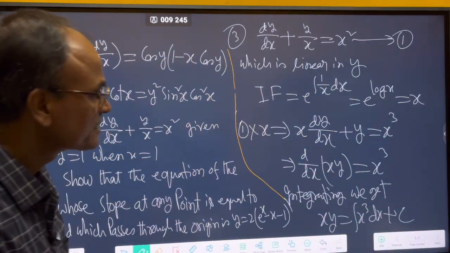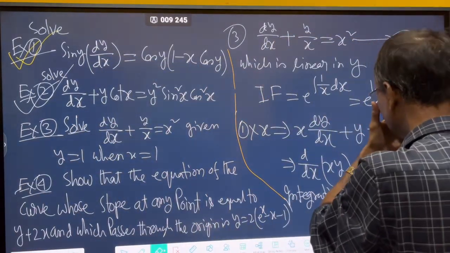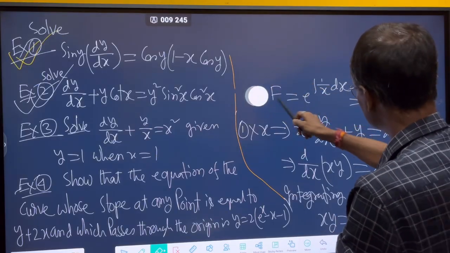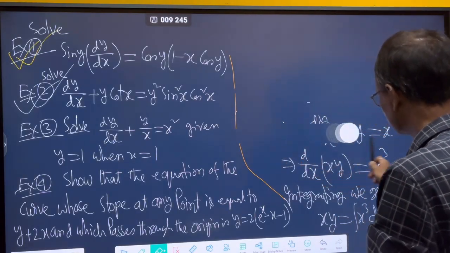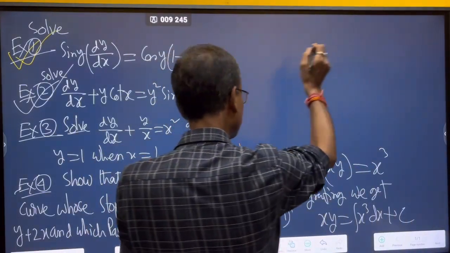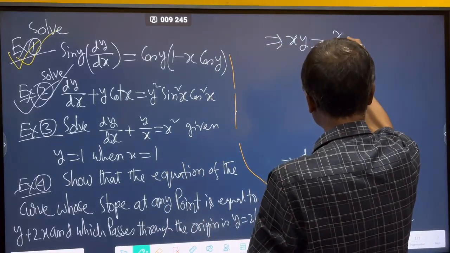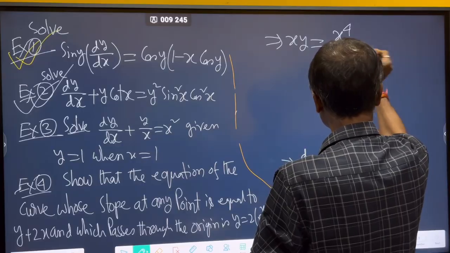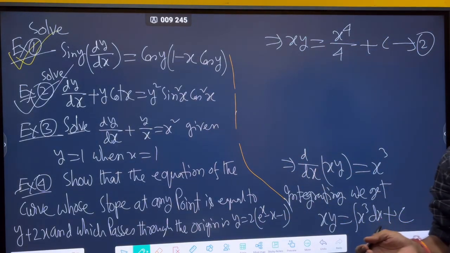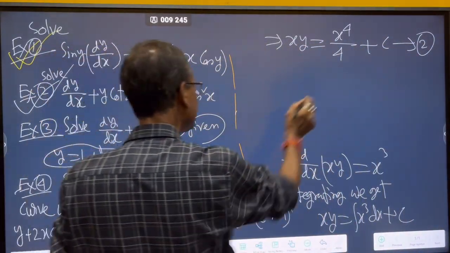Now this means xy equal to x to the power 4 by 4 plus c. Suppose this is number 2. If this condition is not given, then this is the answer.